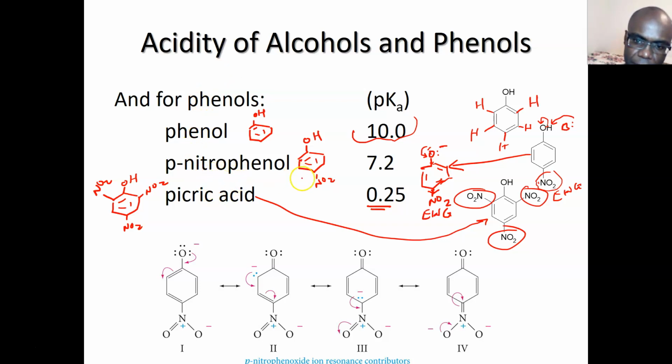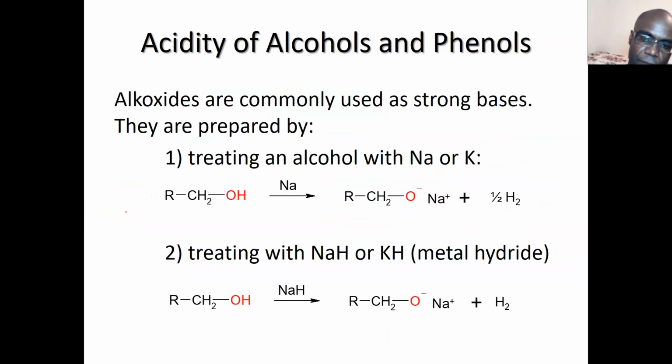You're introducing an electron withdrawing group, only one, pKa drops, which means it becomes more acidic or likely to lose this acidic hydrogen. That's what more acidic means. You introduce 2 more nitro groups, like in picric acid, pKa drops to 0.25. That's like it's almost as acidic as a regular HCl, all because of the electron withdrawing groups. Okay.